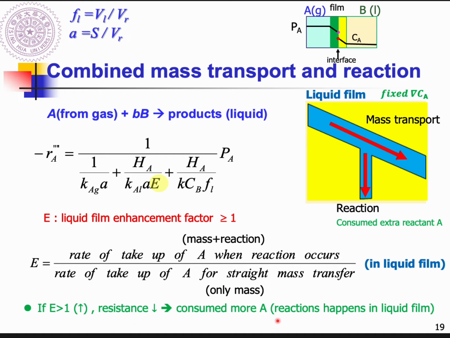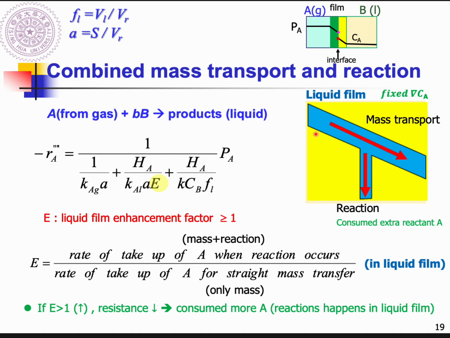So everything turns out reasonable, okay? This definition of E, the indicator or modification term, is reasonable because as the reactions happen, you get a larger E. A larger E makes the resistance smaller, and that leads to more flux, so you get more A passing through, or entering, the liquid film layer.